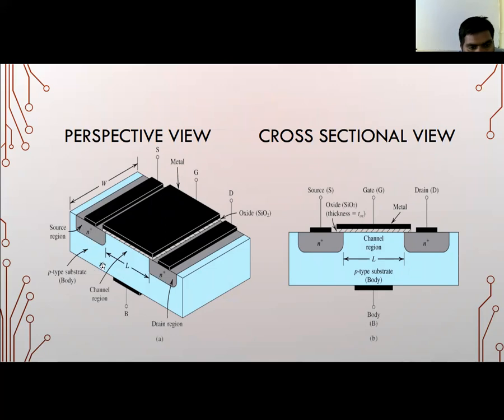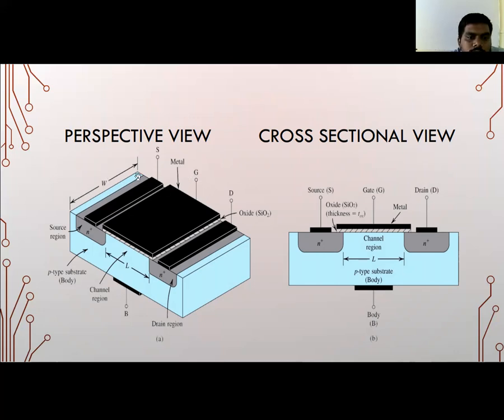Then there is a main body made up of P substrate, meaning there will be a large number of holes there. This is the channel region. These are the metal contacts. Why are metal contacts used? So that electrons flow easily. And there are these three terminals: source, gate, and drain.